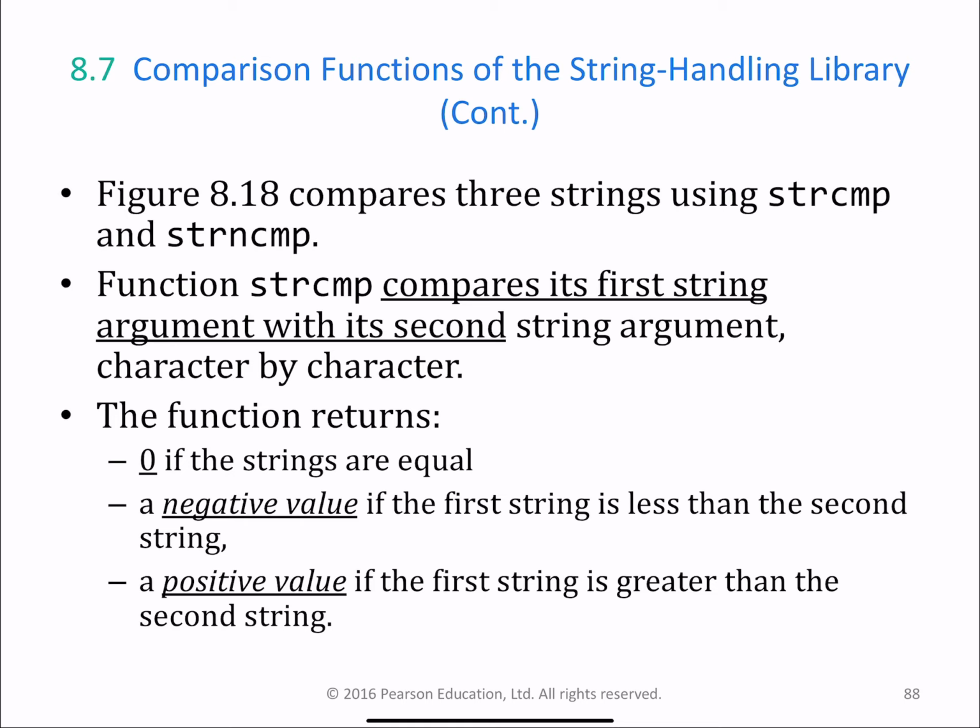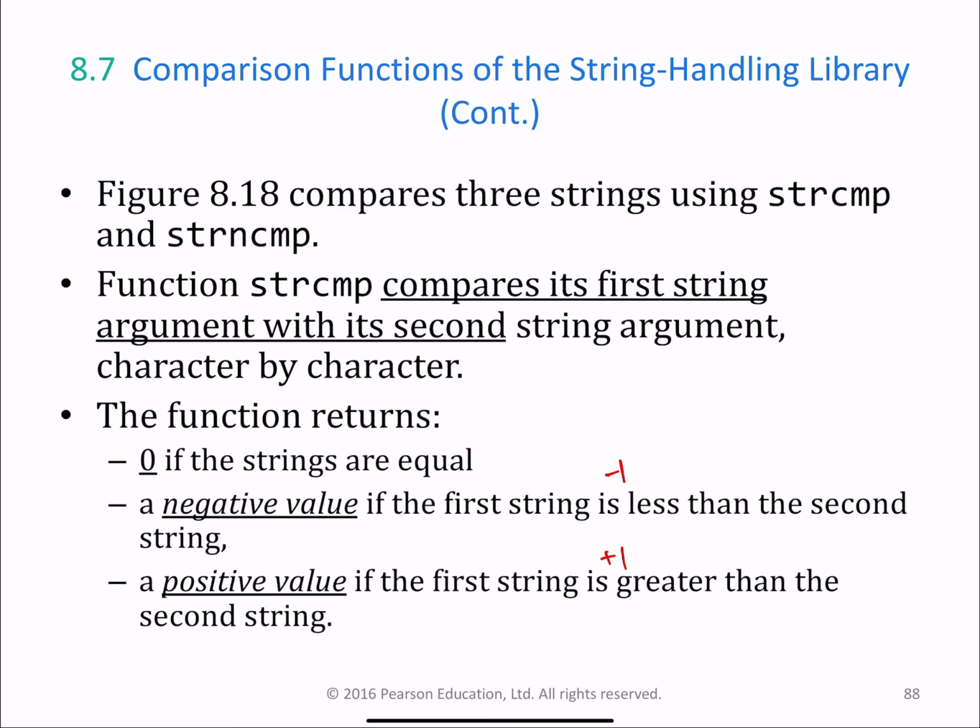So, like I said, we're less interested in the cases where the function returns a non-zero value. Usually you use these functions to check if one string is equal to another. Now, the value returned is a negative value, and by negative value I usually mean something like -1. Positive value means something like +1.